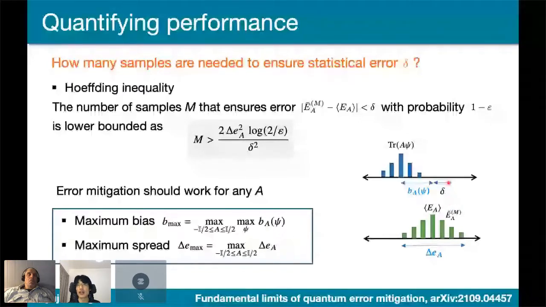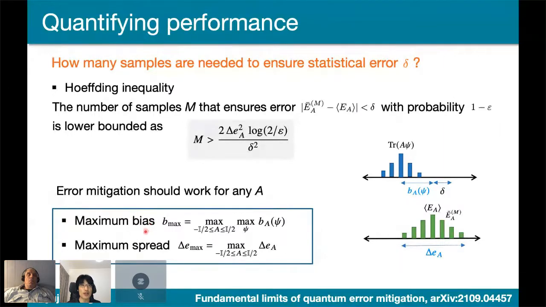So this establishes a relation between this delta E_A and this probability and so forth to the necessary sampling numbers. Then we're going to connect this delta E_A in the form that we're going to see later.